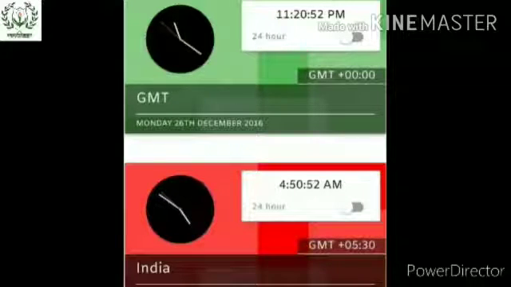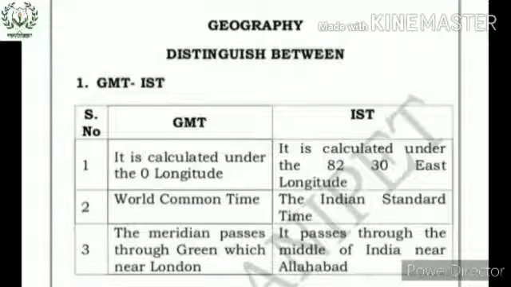What is the difference between GMT and IST? GMT is calculated under 0 degree longitude. It is the world common time. The meridian passes through Greenwich near London.